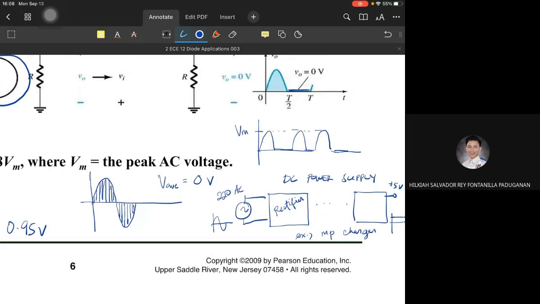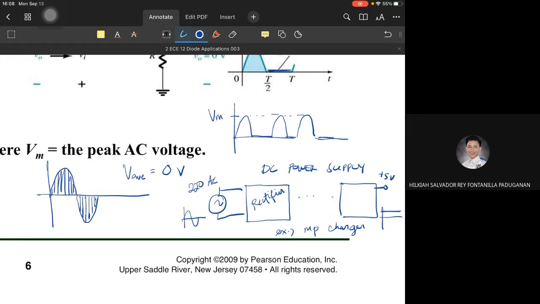Now, after the rectifier, the next circuit is what we call a filter.